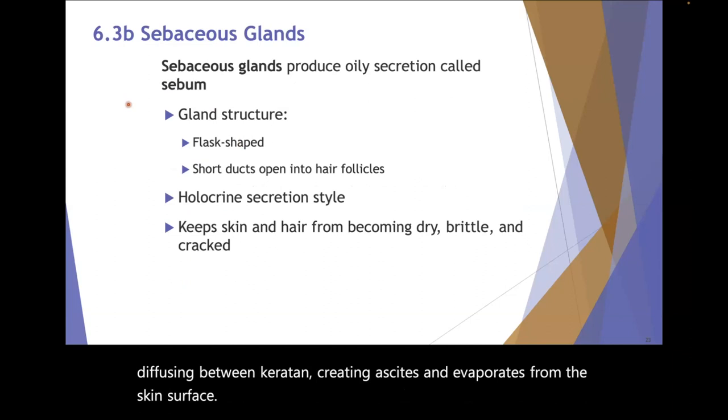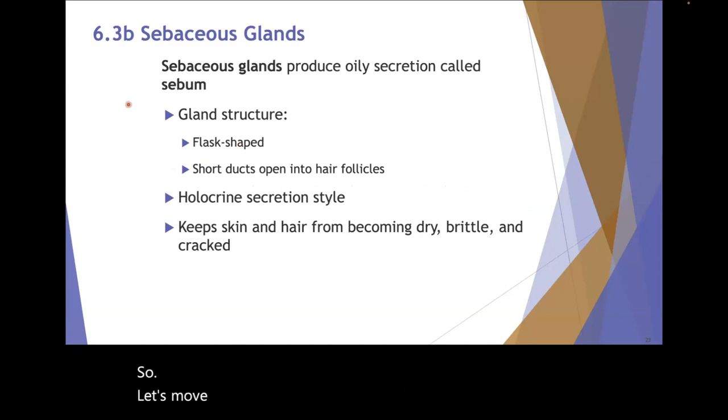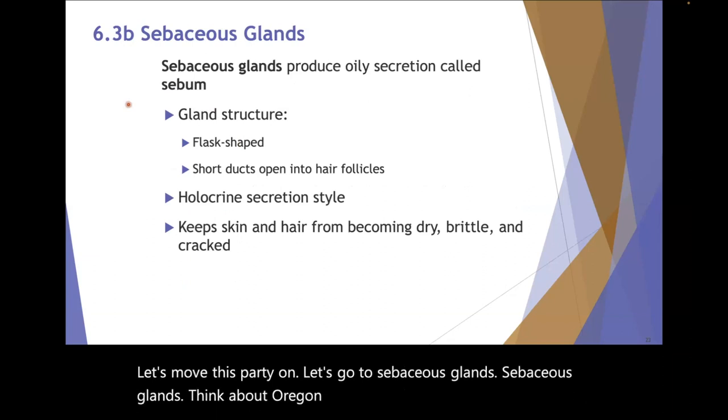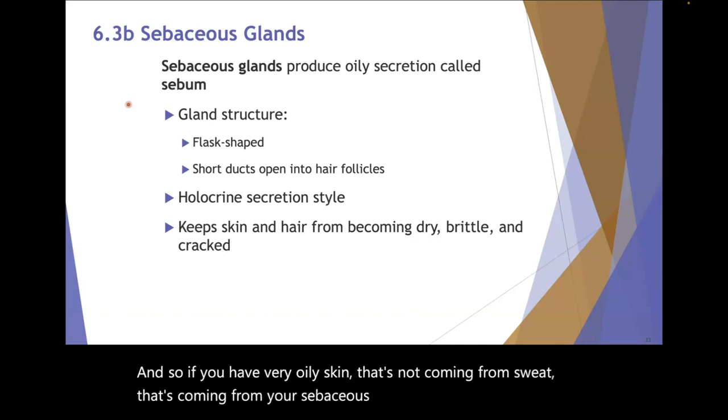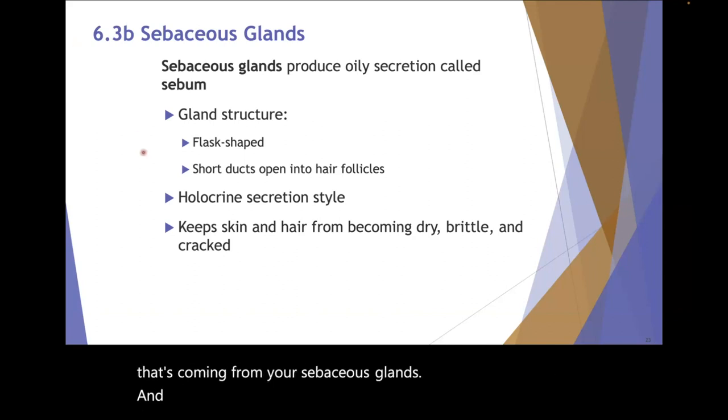So let's move this party on. Let's go to sebaceous glands. Sebaceous glands, think about oily secretions, sebum. If you have very oily skin, that's not coming from sweat, that's coming from your sebaceous glands. Those glands are shaped like a flask.